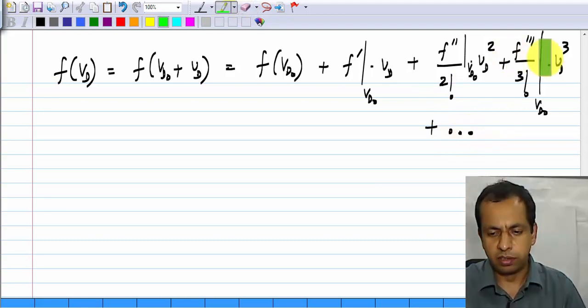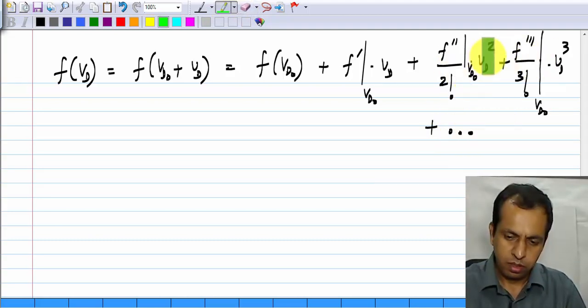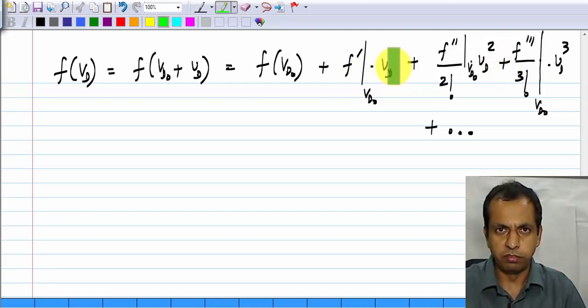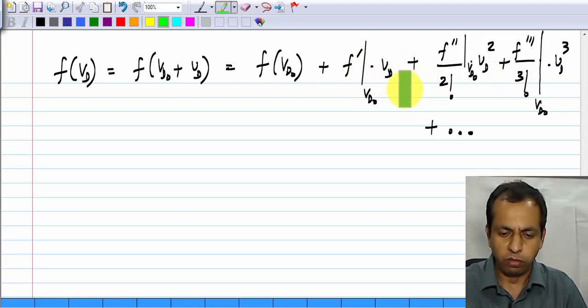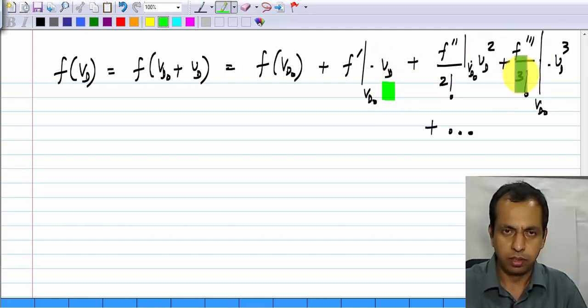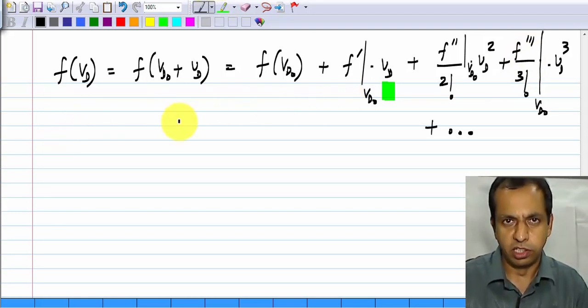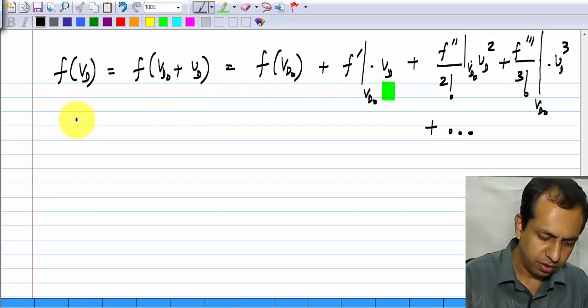Now, you can see that these higher order terms reduce more rapidly with decreasing value of Vd compared to the first one. So, you can always find a sufficiently small value of lowercase Vd, the increment, where these terms are negligible, as long as you have a smooth continuous function.